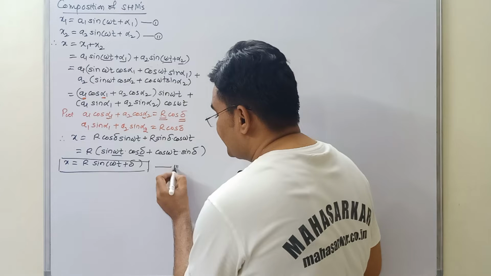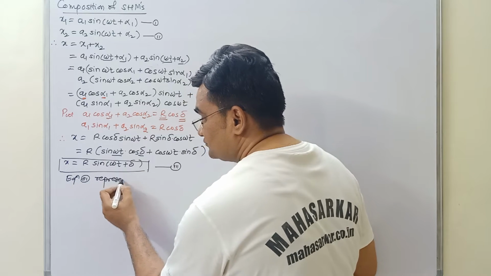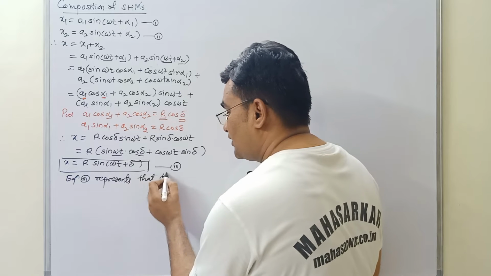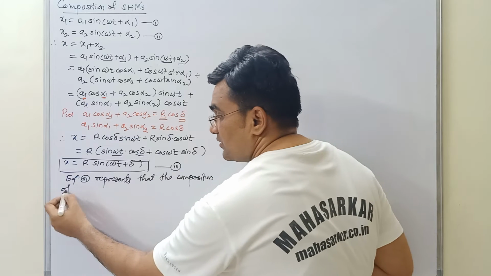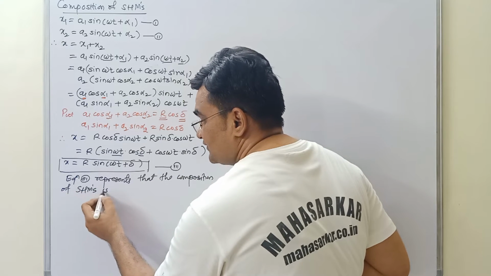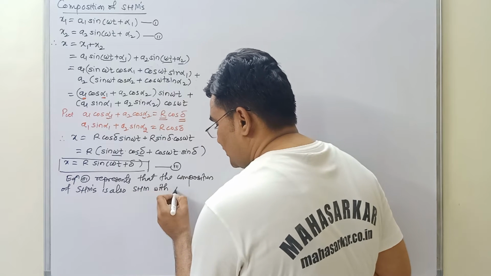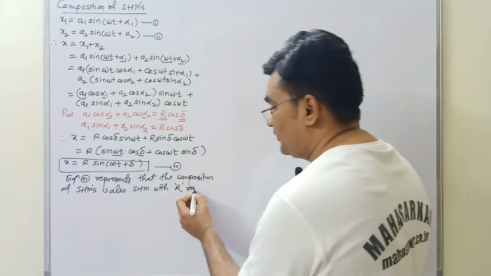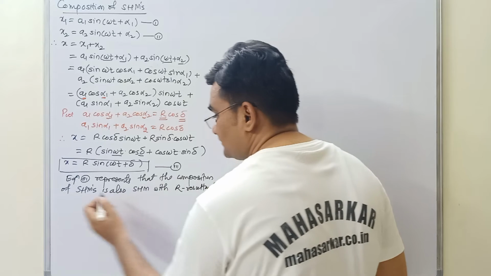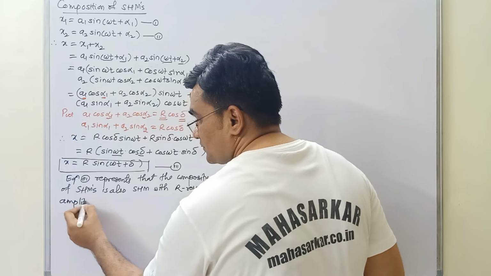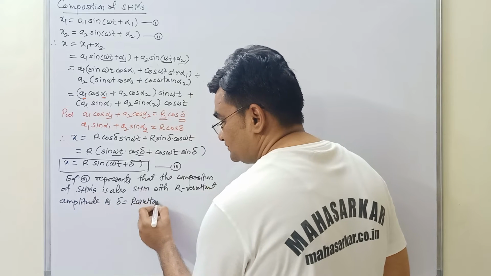This equation, say equation 3, represents that the composition of SHMs is also SHM, with R as the resultant amplitude and delta as the resultant phase.